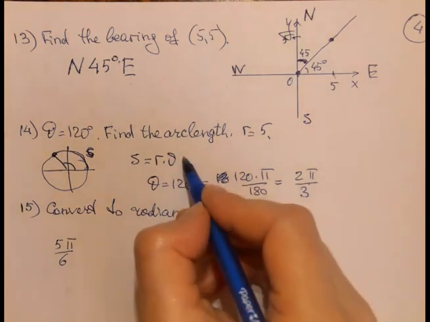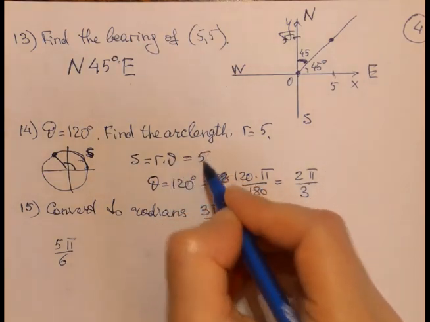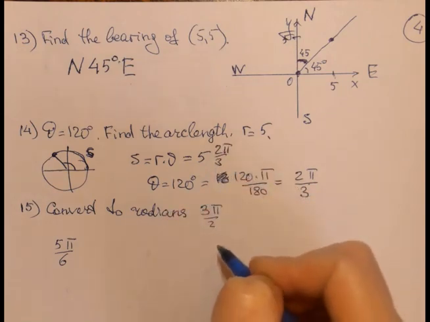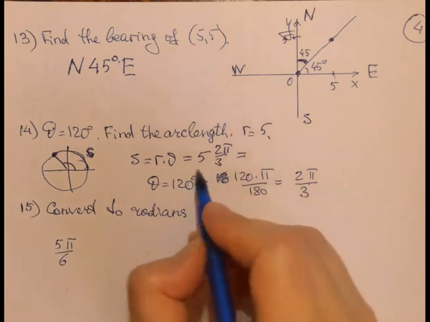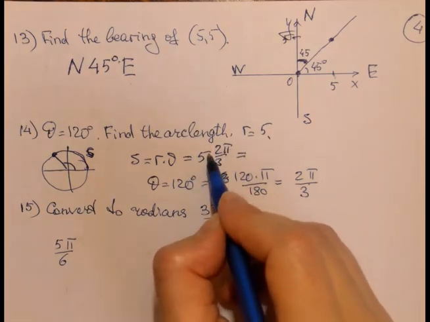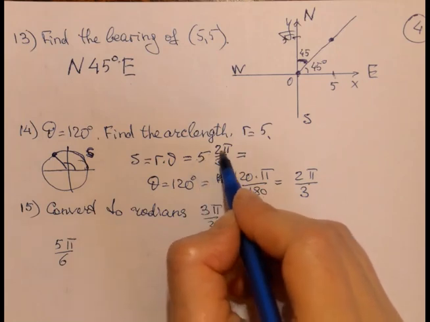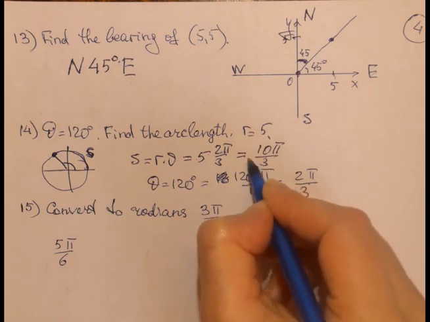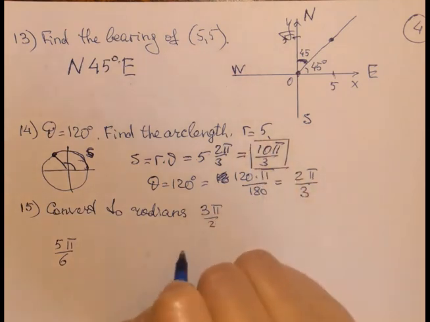Then we substitute 5 for r, 2 pi over 3 for theta, and multiply. If you multiply number 5 by the fraction, we multiply only the numerator. So 5 times 2 pi will be 10 pi divided by 3. This is the arc length.